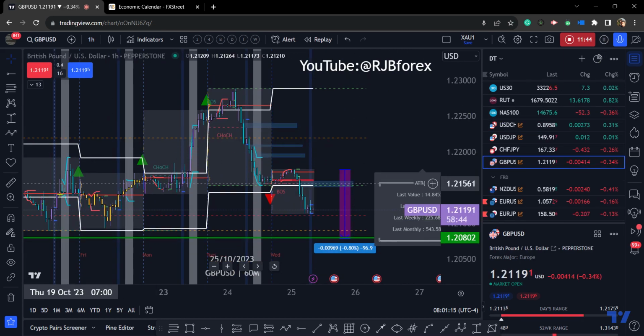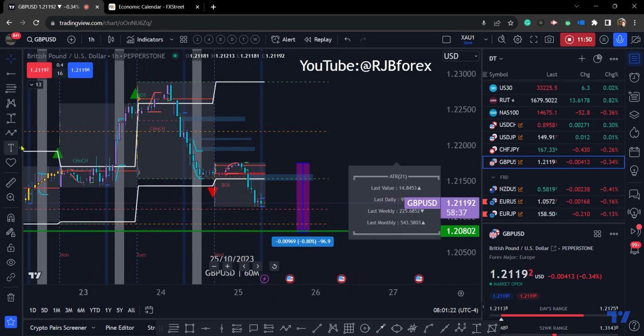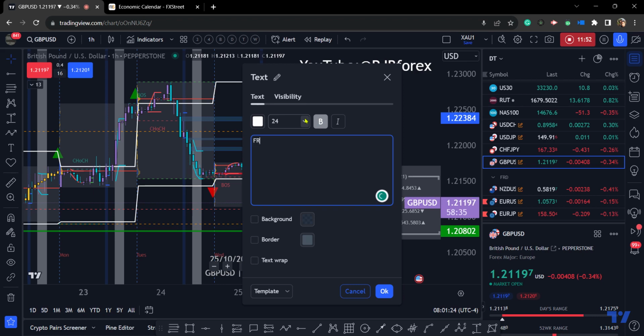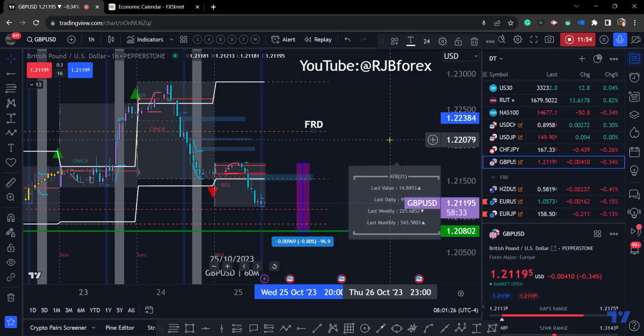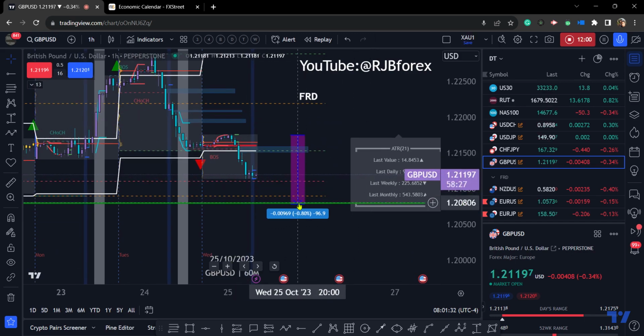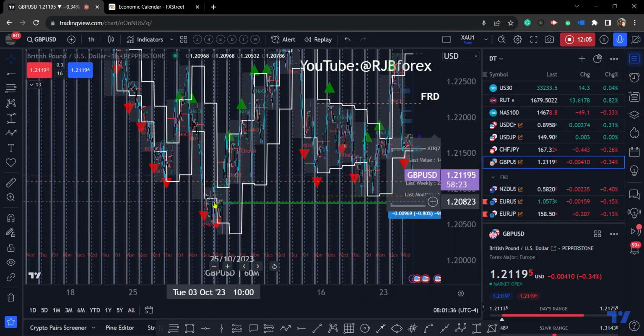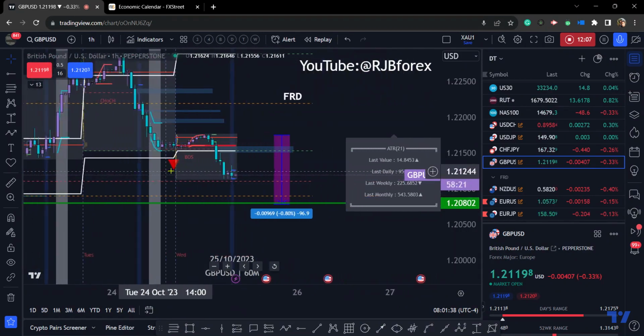Right, sterling I've got as a first red day. The ATR on this is about 100 pips, 95 pips. It's only done a portion of it. The ATR would take it all the way down into a closing price from back on one of these days over here, start of October.